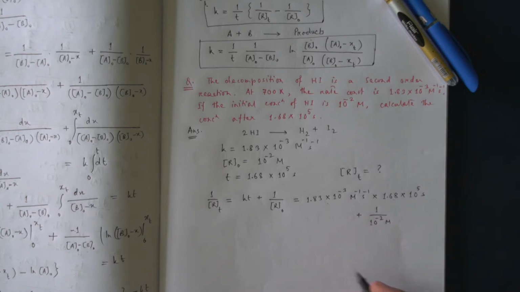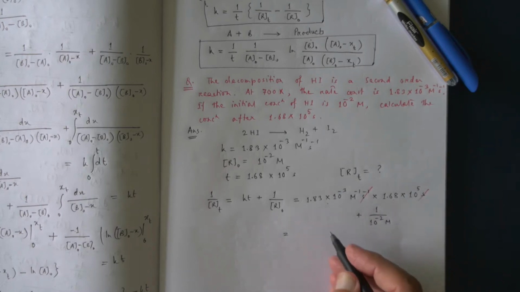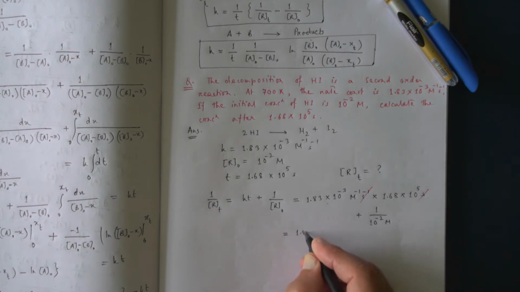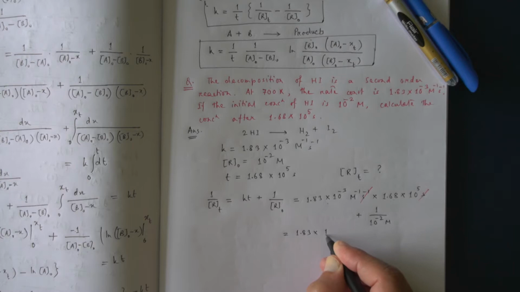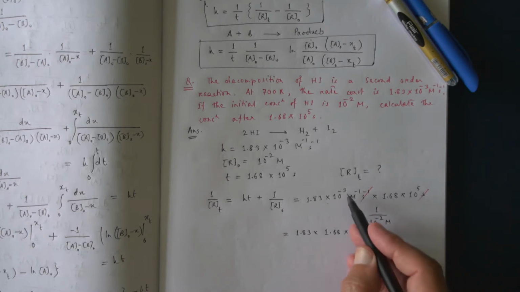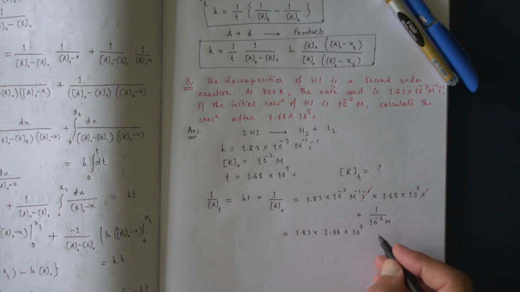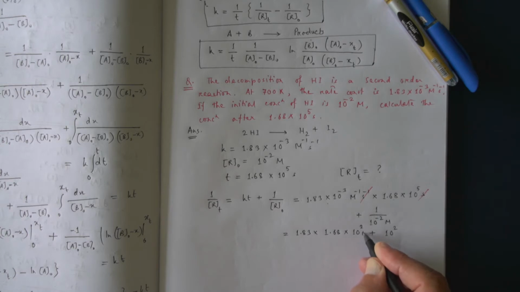Okay, now just simplify. This second cancels. So it will be 1.83 into 1.68 into 10 to the power 2 plus 10 square, per molar.